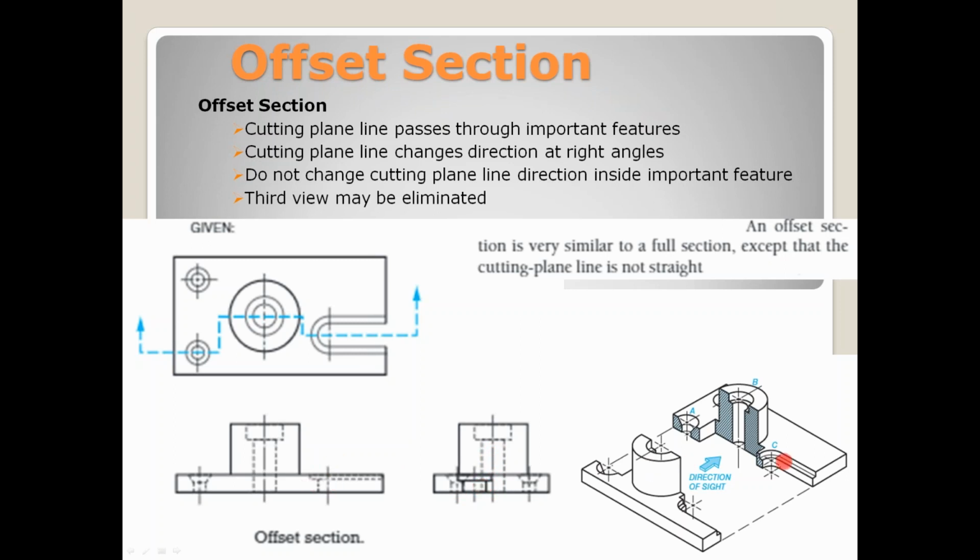If you transfer this information into the isometric view, you can see that the little hole is here, followed by this thing here, and you have the little component C.